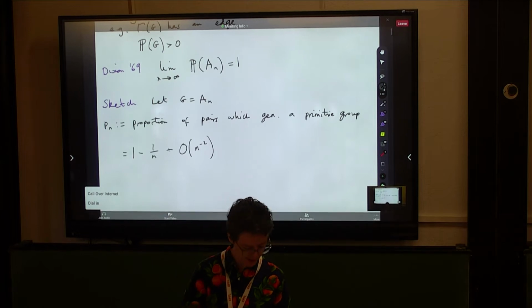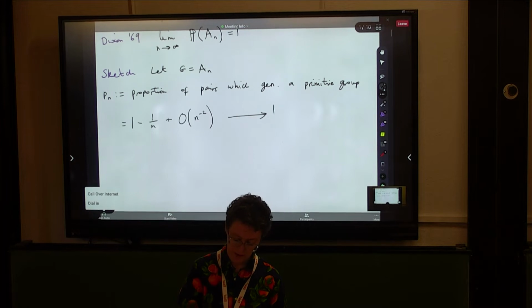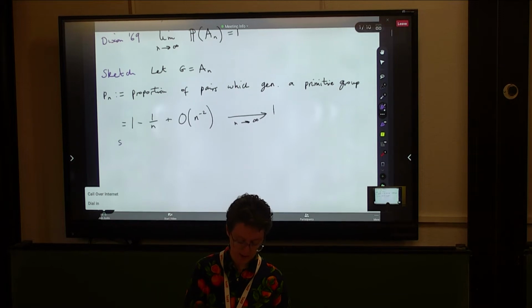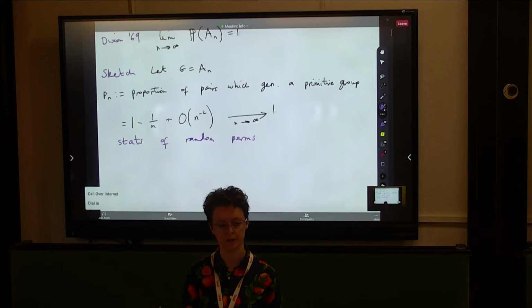So in particular, this tends to 1 as n grows. And the methods that are used here are just statistics of random permutations. Right, we just want to check that we're transitive and we don't fix some partition.